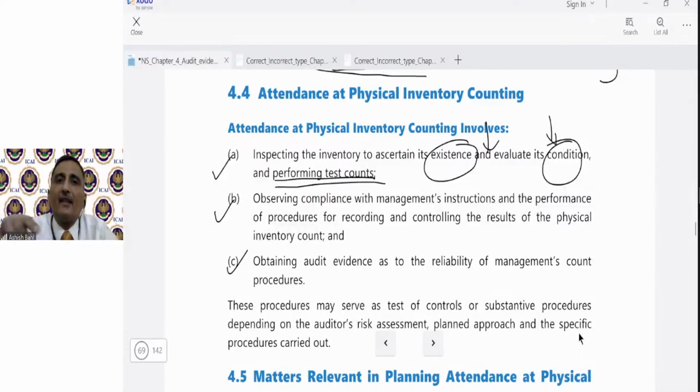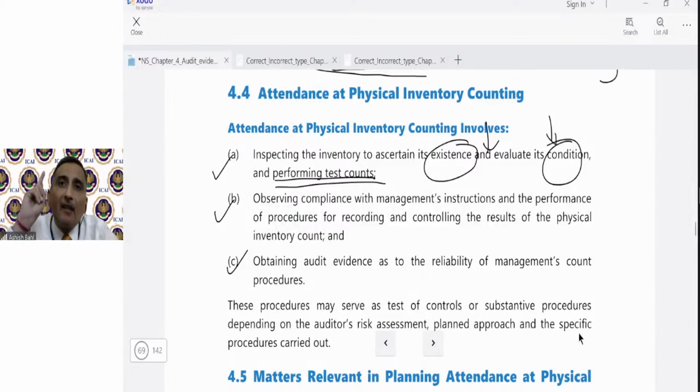So this is one of the purposes, that when an auditor attends inventory count, he gathers evidence that inventory in fact exists. ये कोई, it is not in the air, हवा में नहीं है कि बुक्स में खाली स्टॉक आ रहा है, एक्चुअल में है नहीं. So he inspects the inventories to ascertain their existence and condition.